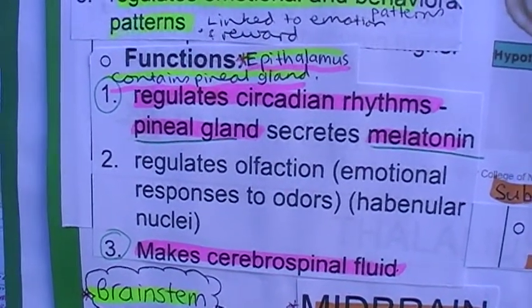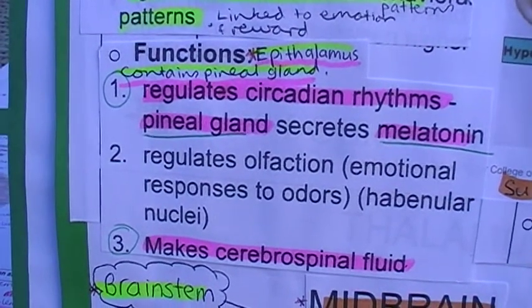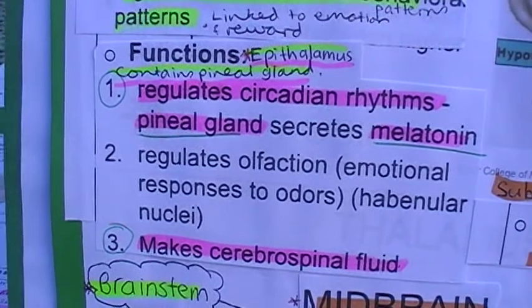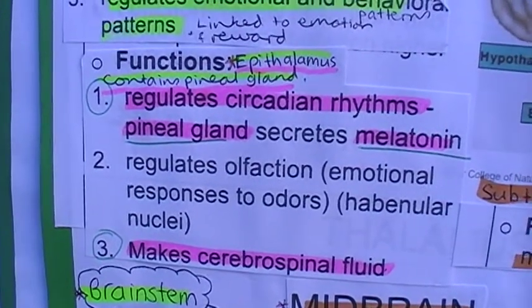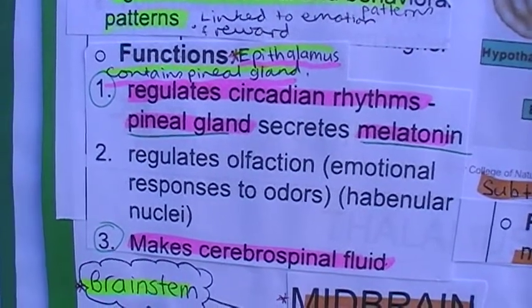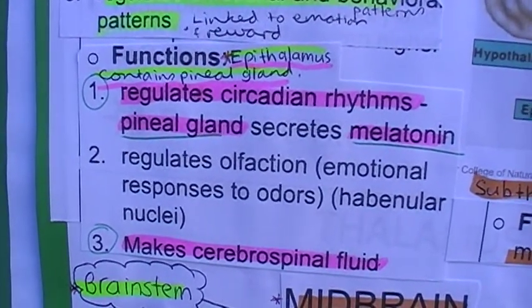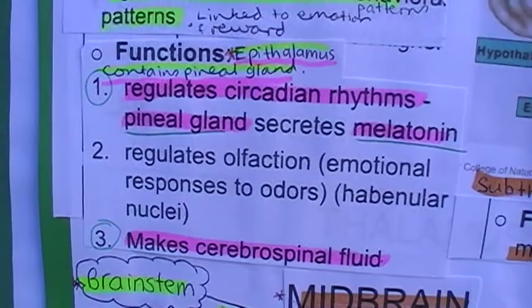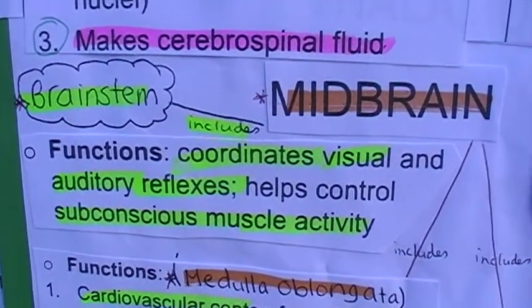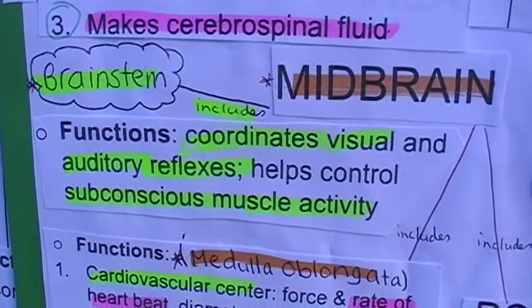You could say that epithalamus is RPM. And I like that because it reminds me of rates per minute. Regulates circadian rhythms, pineal gland, which we know secretes melatonin, makes cerebrospinal fluid.